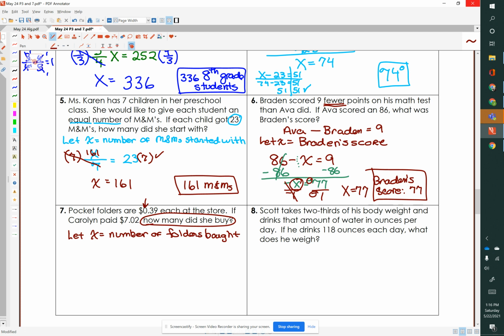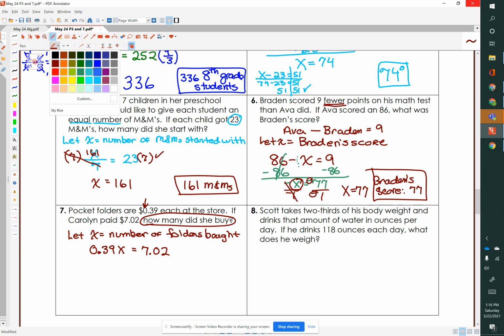So when we set up our problem, we know that 0.39 times x will equal 7.02. So what is happening to that x? Well, the x is being multiplied by 0.39, or 39/100ths. So let's divide by 39/100ths, which will give us 1x, and that means our x is isolated.